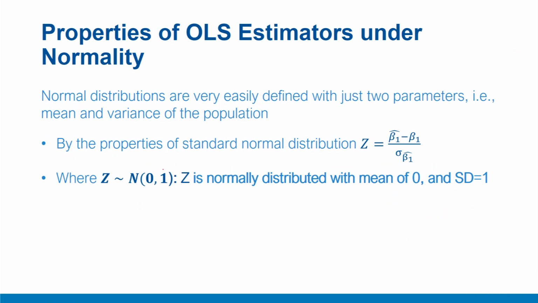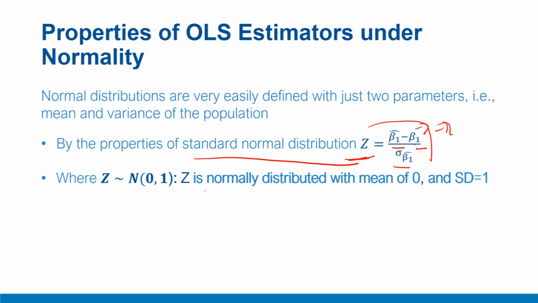Now we can also translate these assumptions that we discussed in the previous slide into the standard normal distribution format. Recall that this z, or the standard normal version, is beta 1 hat minus its mean, which is expected to be the same as the population parameter, divided by the standard deviation of beta 1 hat. This is the standardized version, z.